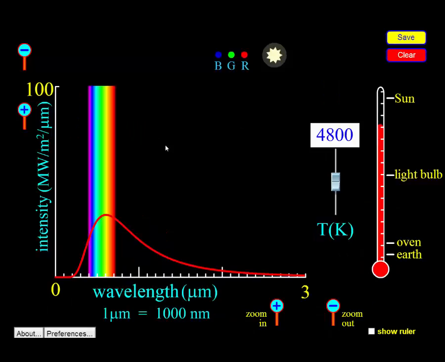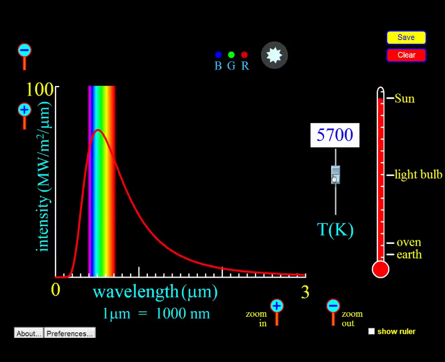Let's use this simulator to first consider an object that has the same temperature as the surface of the Sun. We can control the temperature of a virtual object with this vertical slider bar. So let's go from this starting temperature that it defaults to and increase it to the surface of the Sun. So basically the Sun gives off a range of frequencies.